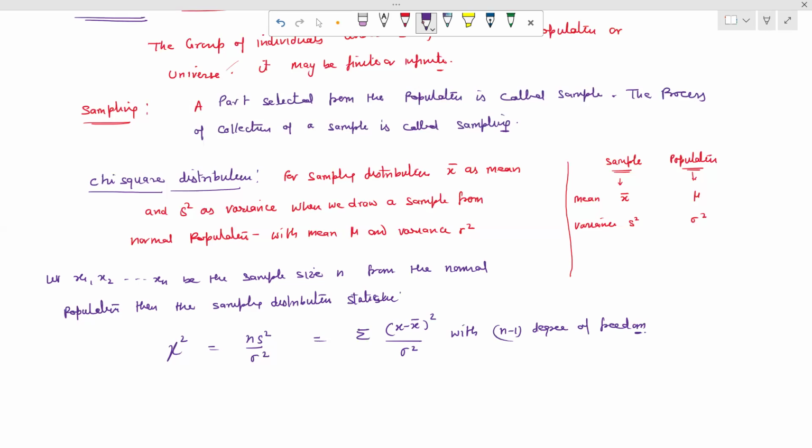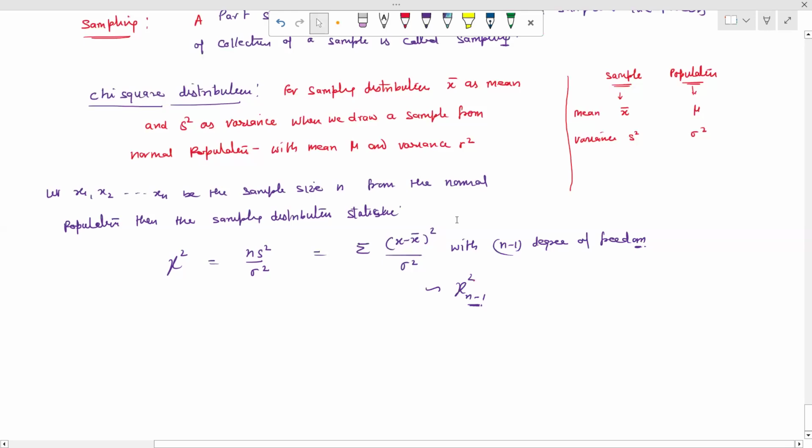So we can represent it as following the chi-square distribution with n minus 1 degree of freedom. Now degree of freedom means we are free to take n minus 1 out of n.